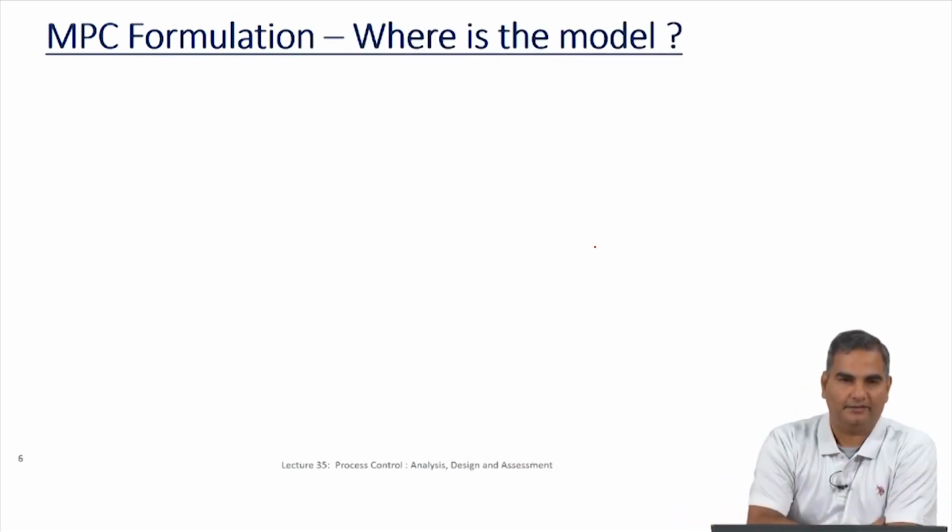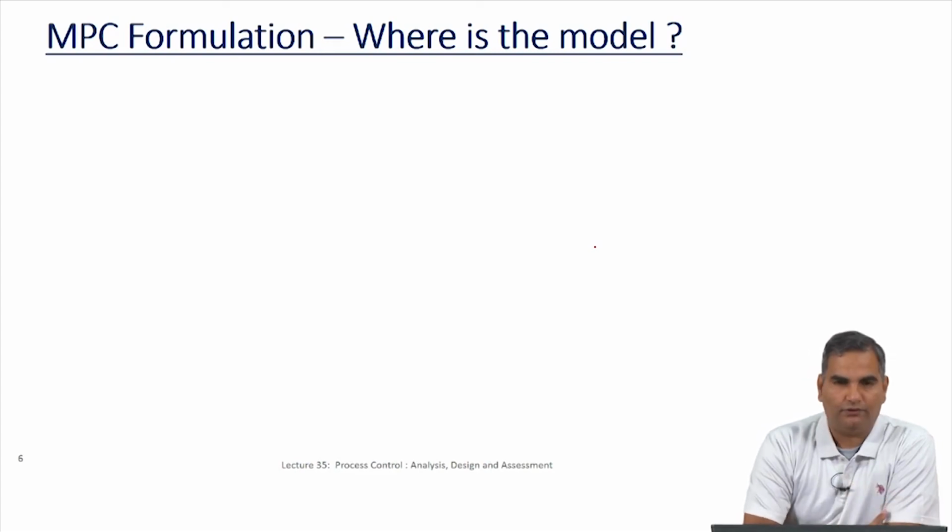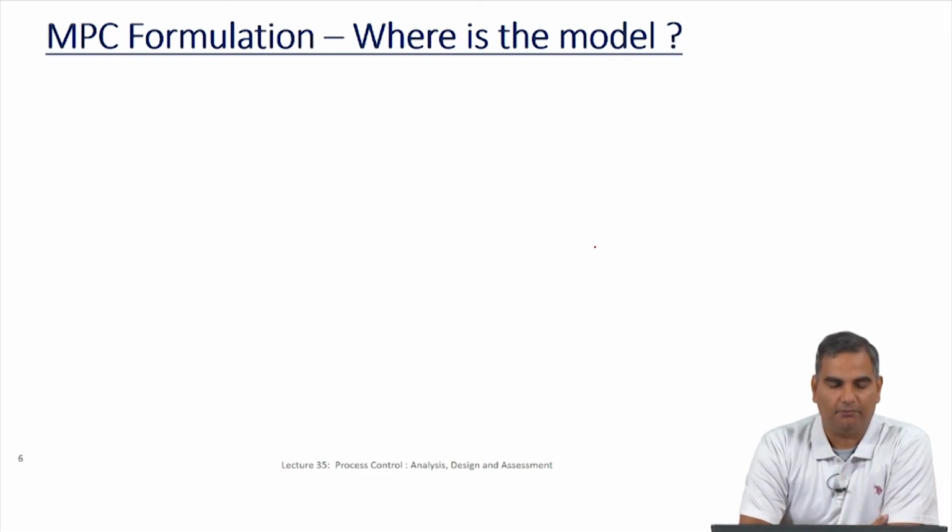Now, in the last slide we talked about the formulation, we talked about the notion of horizon and how all of these are combined into a mathematical formulation. So, the next question that you might ask is, okay, where is the model in all of this? You have written y, you have written u, you have written an objective function, and you have written constraints and so on, but where is the model in this?